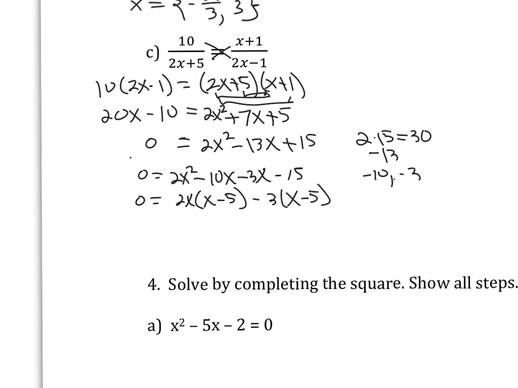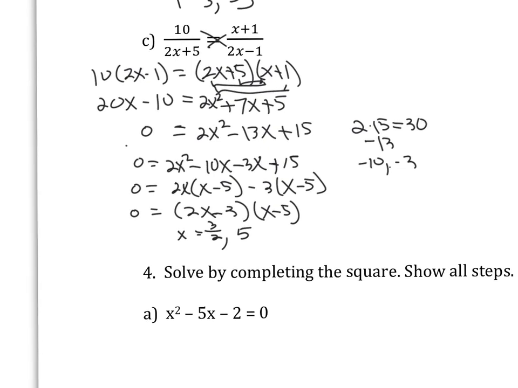I'm sorry, this should be a plus 15. And so that's going to give us a factorization of 2x minus 3 times x minus 5, and that means our two solutions are x is equal to 3 over 2 and x is equal to 5.